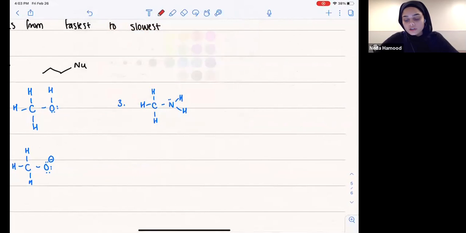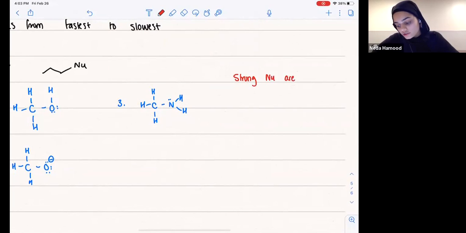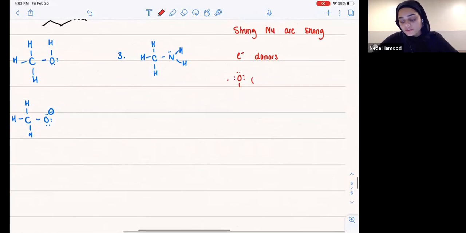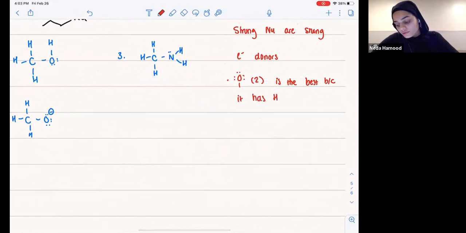Something to note is that strong nucleophiles are strong electron donors. Oxygen, like that, which is number 2, is the best because it has the most lone pairs and is negatively charged.